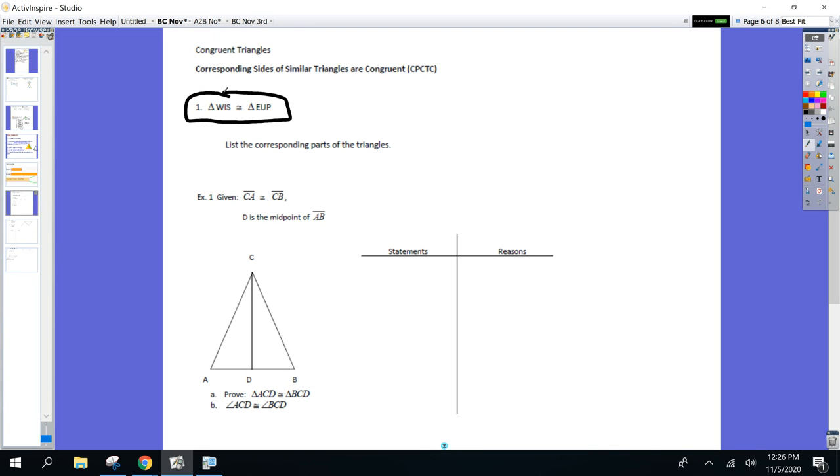I am going to tell you guys, this is how I'm going to start. Triangle WIS is congruent to triangle EUP. I did not provide a diagram. Didn't need a diagram. Okay? I do not need to draw a diagram. What I want to know is, based on what we've talked about so far this unit, can you guys come up with 6 true facts about those triangles?